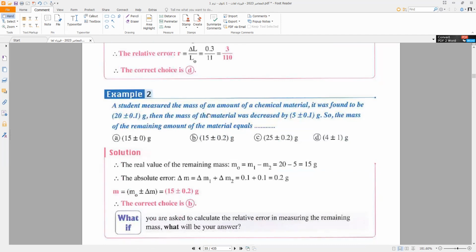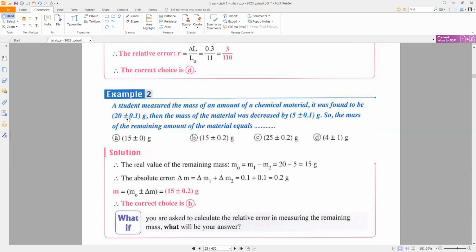A student measures the mass of an amount of chemical material. It was found to be 20 grams plus or minus 0.1. Then the mass of the material was decreased by 5 plus or minus 0.1. So the mass of the remaining amount of material equals what? By adding or subtracting two physical quantities, you must add the two values of absolute error.